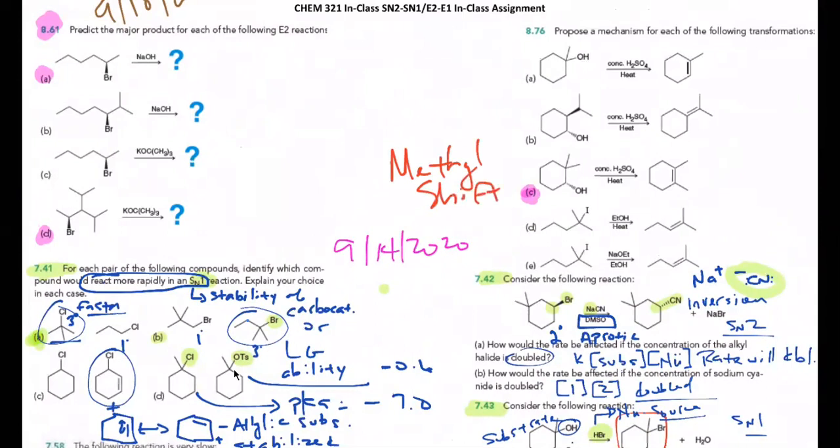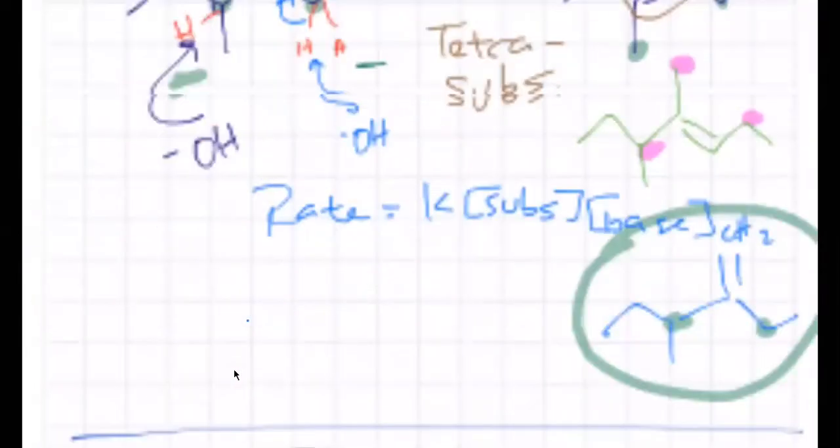Right, because you can see in the product over here that one of those methyl groups from up here actually migrated. So it's the same mechanism. When you get to the carbocation, instead of doing a hydride shift, you'll do a methyl shift or move the CH3 group.